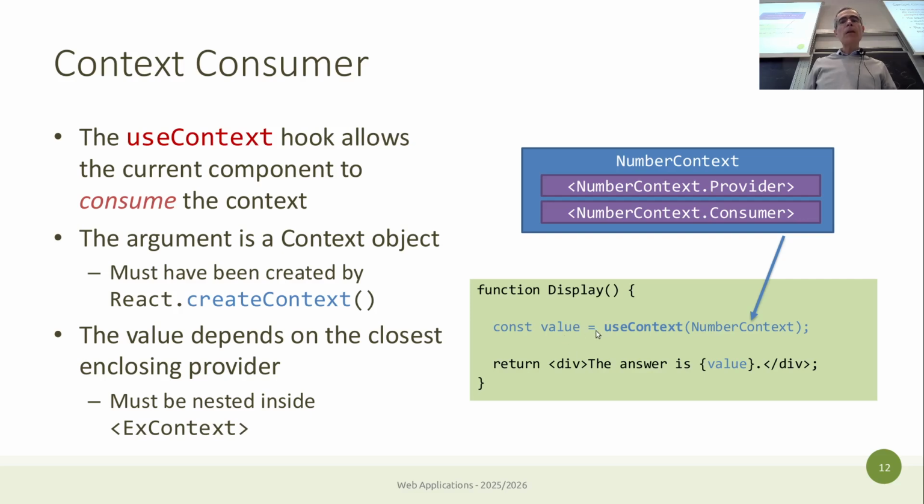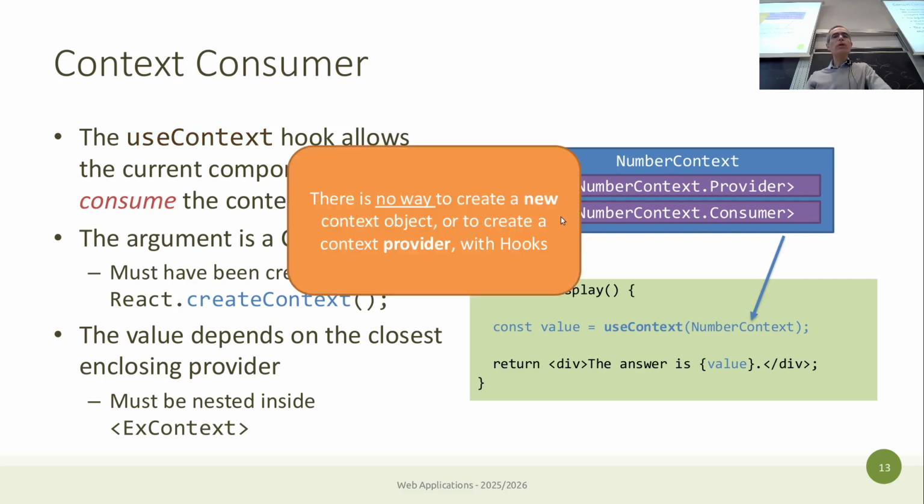And then you get as a return value the value that you passed as value in the context provider. So the value depends on the closest enclosing provider in case there are more than one, but there is just one, and that's the value. And you can use it. It's just a variable like any other variable. It's like a prop. Props dot something, and you use it, value. This is not props dot something because it comes from the return value of use context, so it's directly the value.